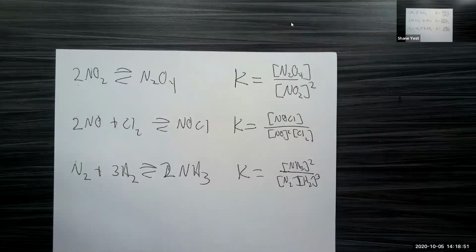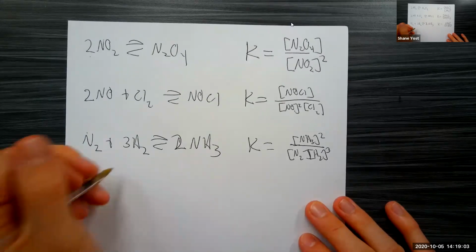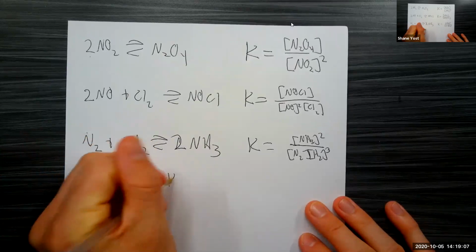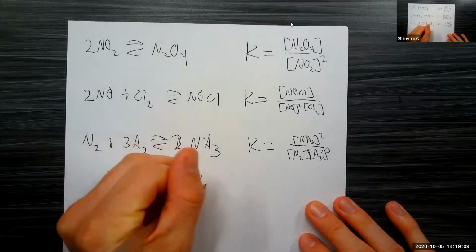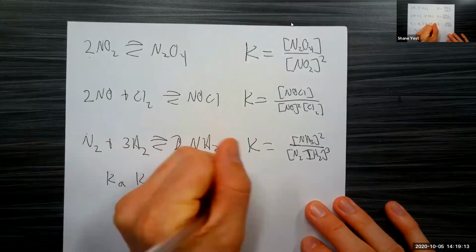So exactly, the general form of our equilibrium constant expressions for every equilibrium reaction. In the course of talking about chemical equilibrium, when we talk about acids and bases, we're going to say Ka, Kb, Kw, Ksp. We're going to talk about Kc, Kp.